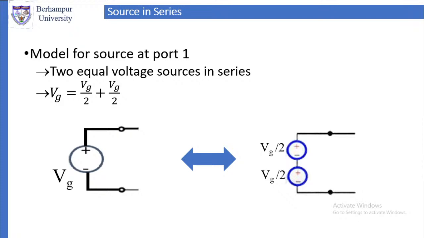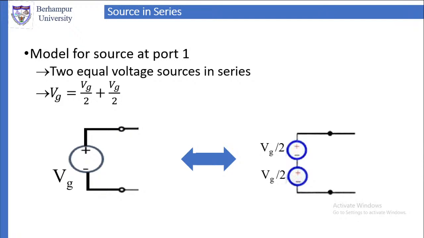That is equivalent to 2 voltage sources, each of Vg by 2 and connected in series, which means the negative end of the first source of Vg by 2 will be connected to the positive end of the second Vg by 2. That way it is a series connection.